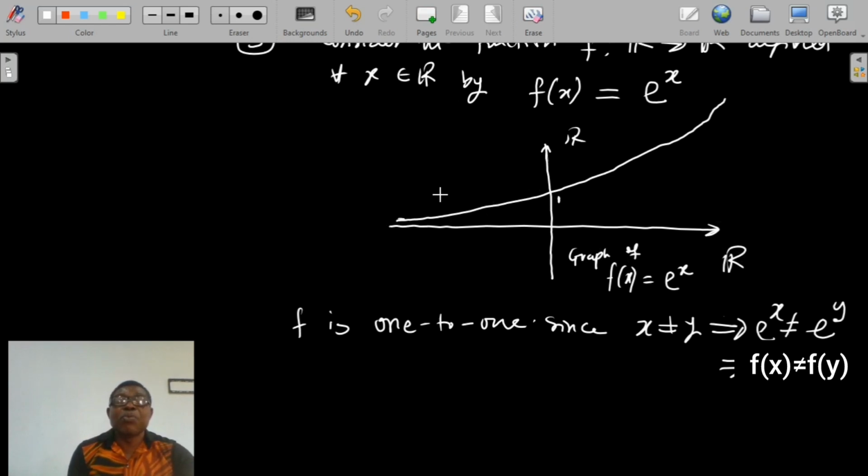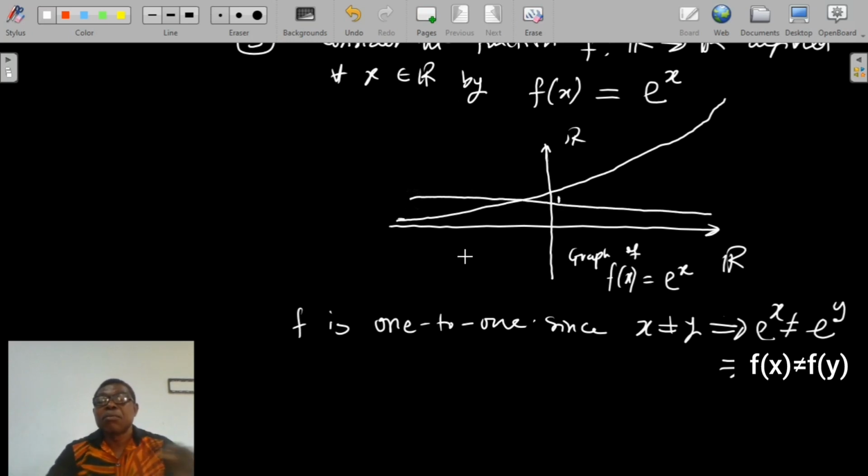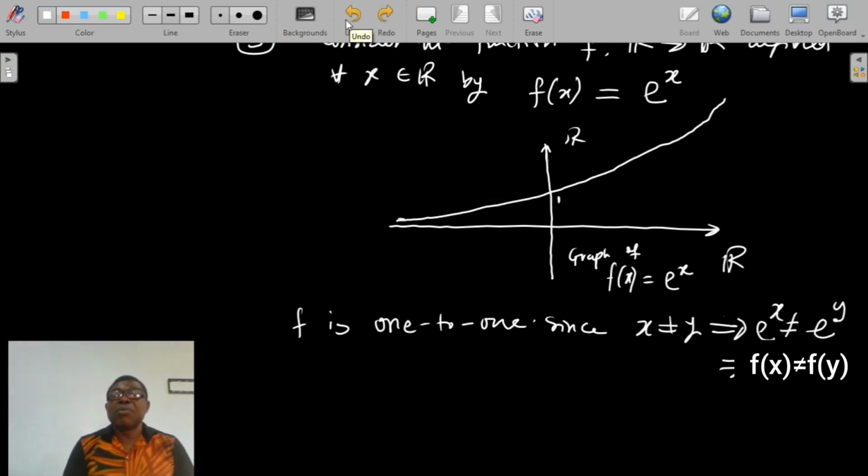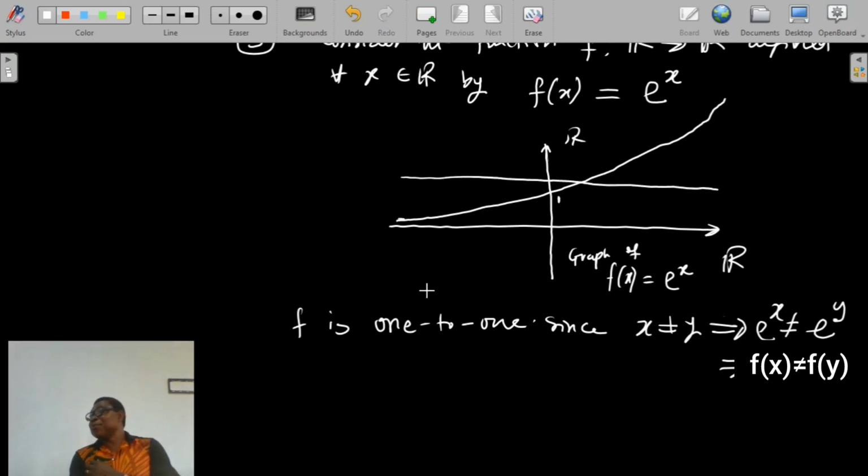So what I want to point out here is that if you look at this curve we've drawn, the graph of the function f of x equals e raised to the power x, you will observe that that particular function cuts horizontal lines at one point at most.